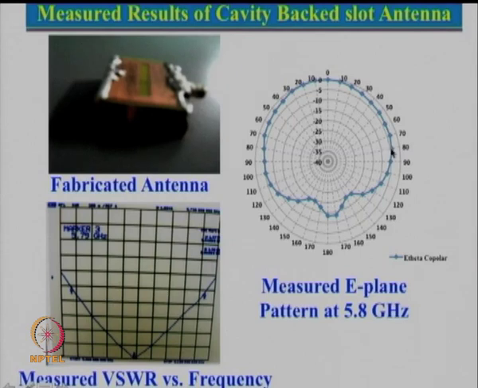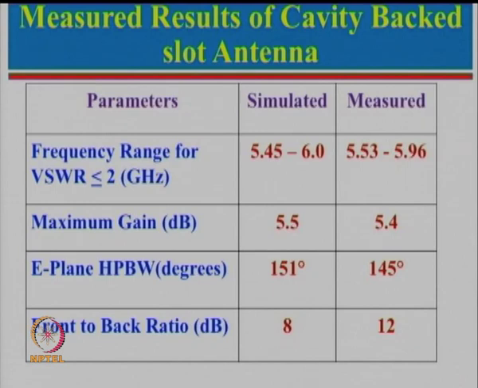Had it been only a slot antenna, it would have been a full coverage like this here, which would be omnidirectional. But because of the cavity, back radiation has reduced, but we can see that the half power beam width is still within 3 dB over a large angle, which is measured at about 145 degrees.